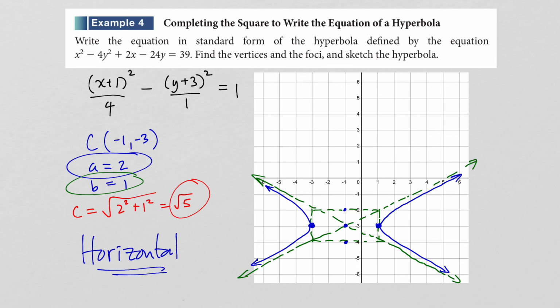The foci are radical 5 units away. And radical 5 is approximately 2.2. And so basically from the center, I'm going to go 2.2 units to the right. So that's a point that's right about here. And 2.2 units to the left.